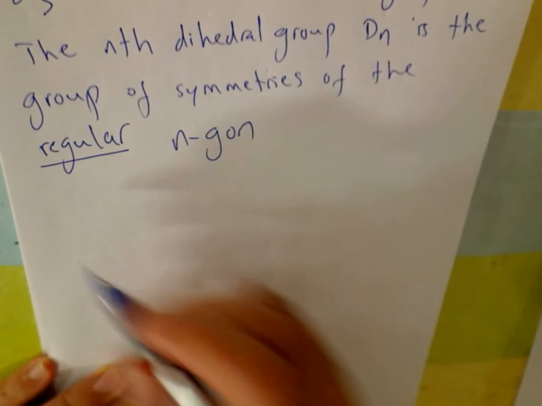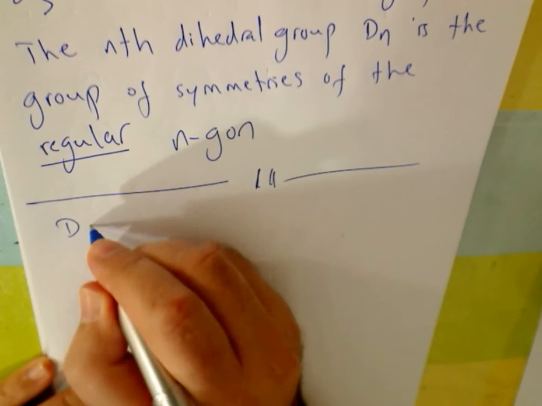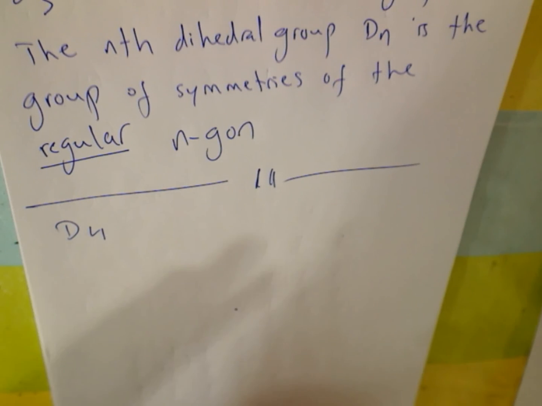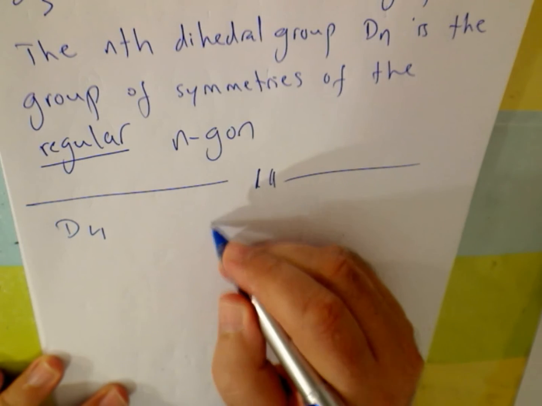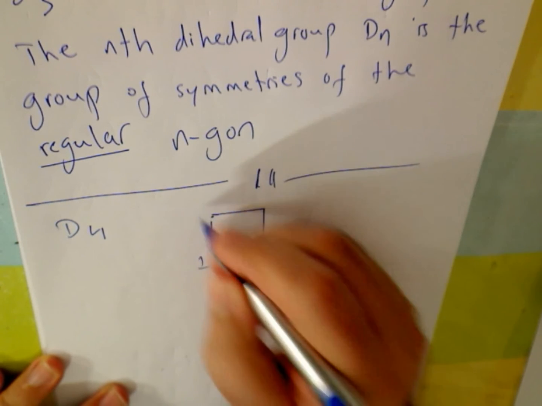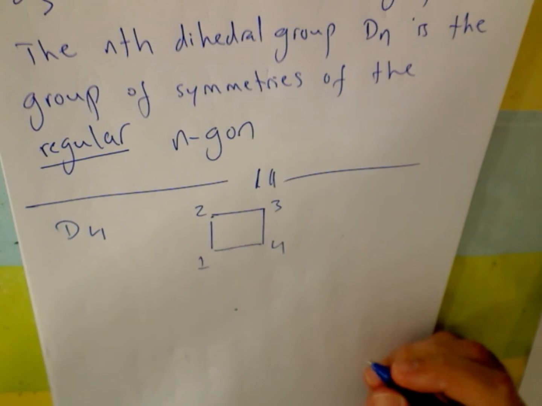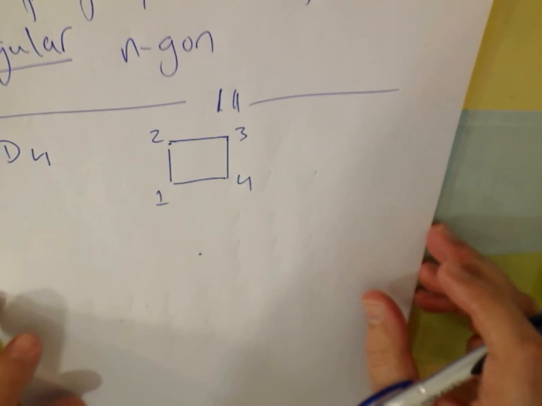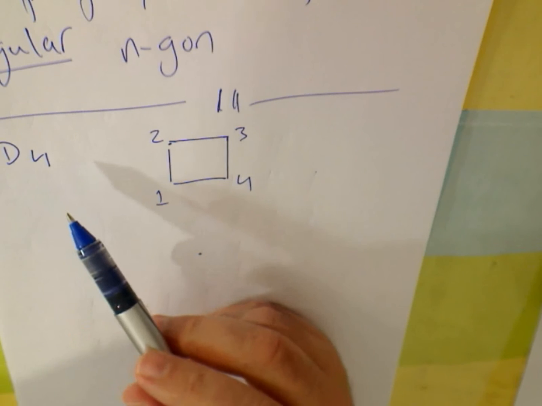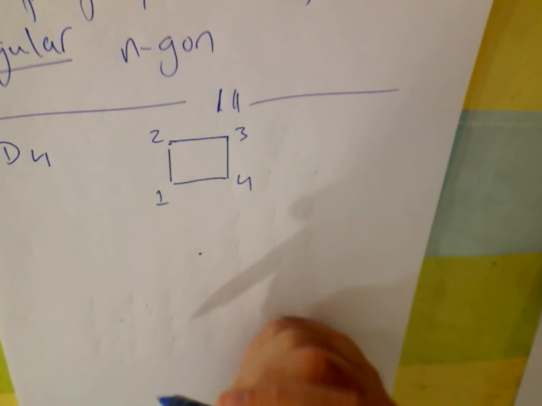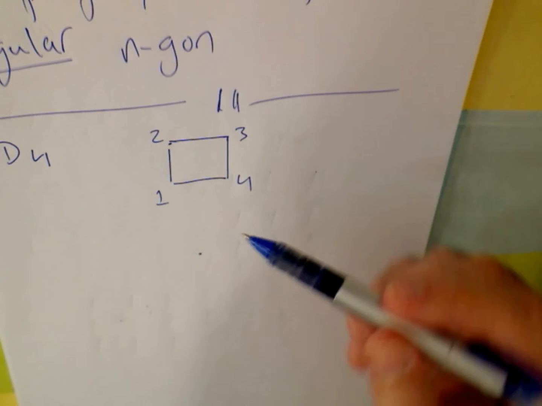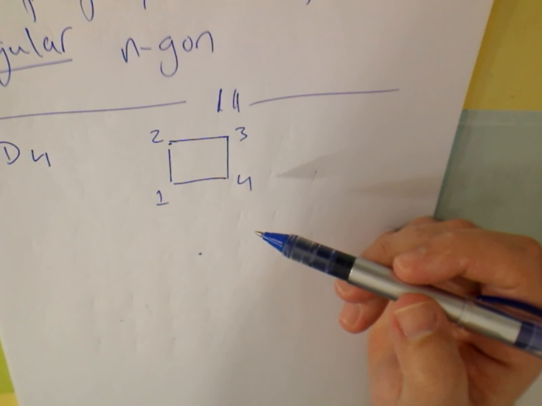So the other group will be D4, of permutations corresponding to the ways that two copies of a square, so now we are on a square with 1, 2, 3, 4, and now we are not in D3 anymore, we are on D4 now. So two copies of a square with vertices 1, 2, 3, 4 can be placed, one covering the other, with vertices on top of vertices. So D4 will then be the group of symmetries of the square.